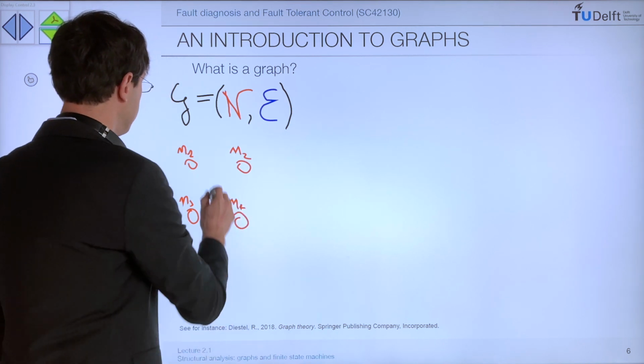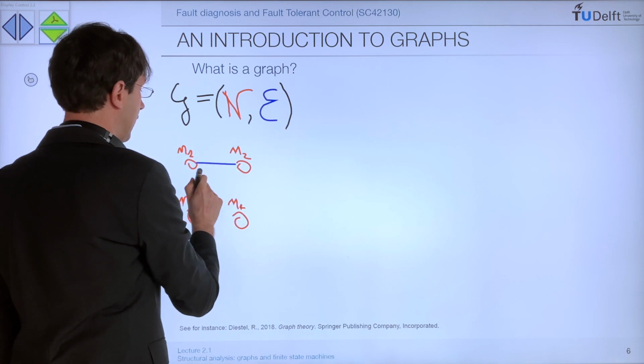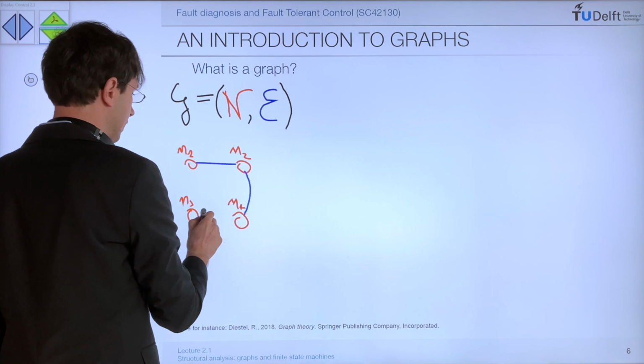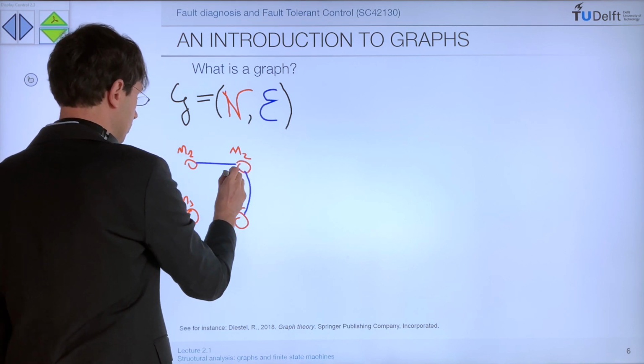And they are connected, for instance, like this: N2 and N1, N2 and N4, and then N2 and N3.